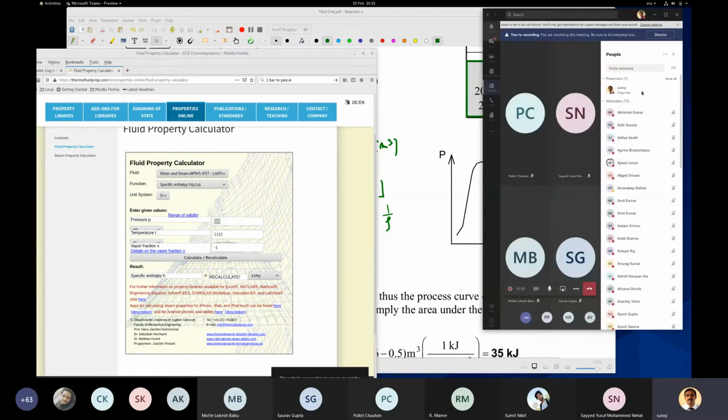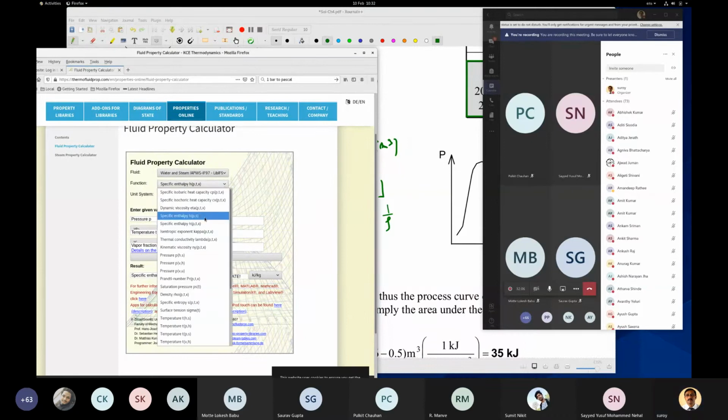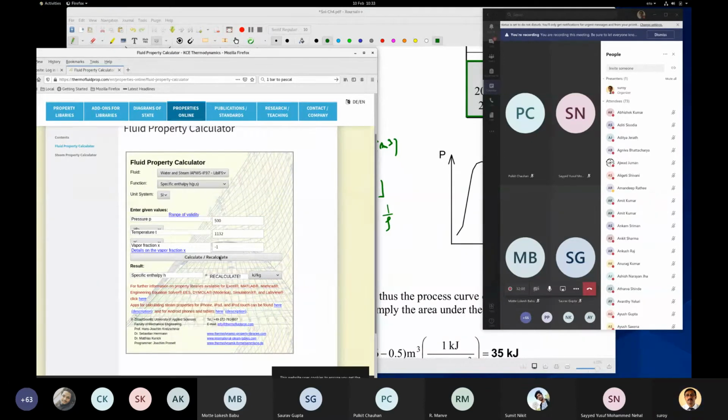What is happening here? So specific enthalpy. So you get the enthalpy.